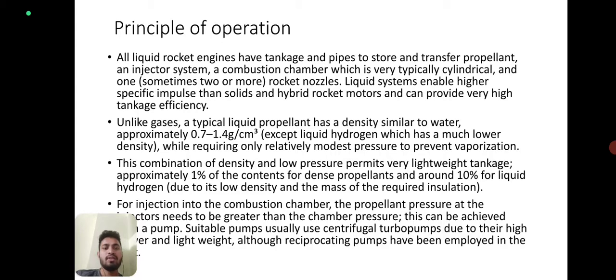For injection into the combustion chamber, the propellant pressure needs to be greater than the chamber pressure. This can be achieved with the help of a pump. Suitable pumps usually use centrifugal turbopumps due to their high power and light weight, although reciprocating pumps have been employed in liquid propellant rockets.